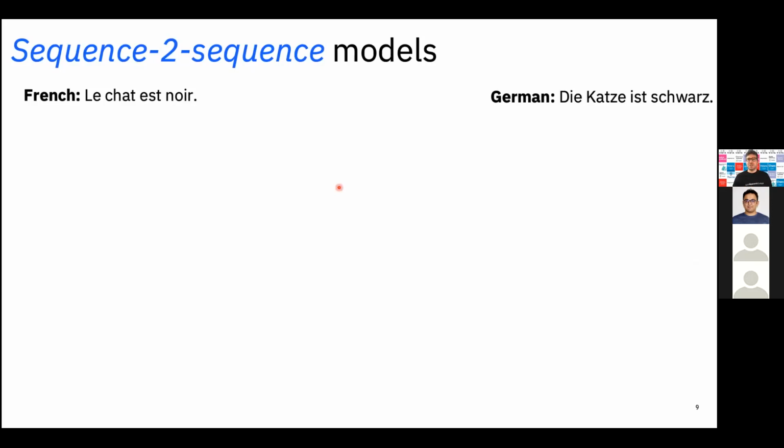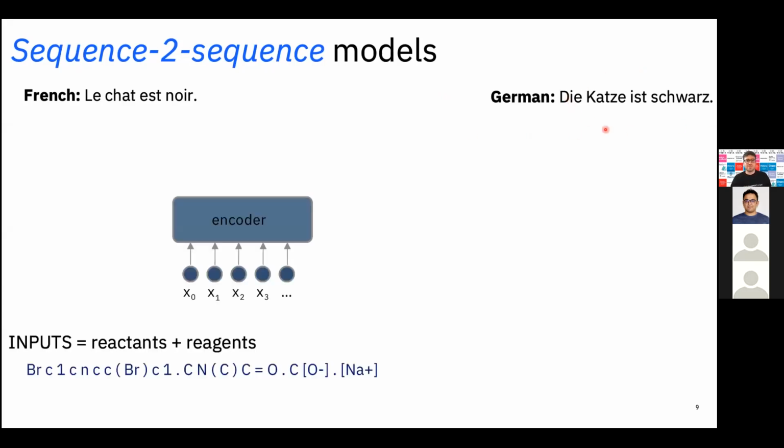For translation, the typical models used in machine learning are sequence-to-sequence models that aim to translate a sequence in one language, like le chat noir in French, to a sequence in another language, die Katze ist schwarz.